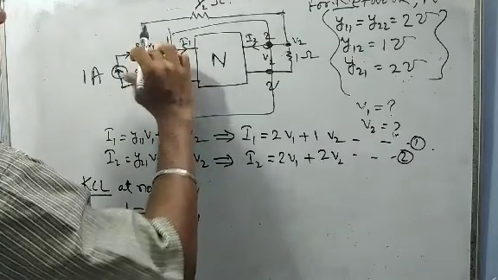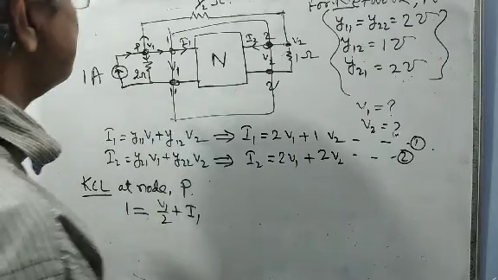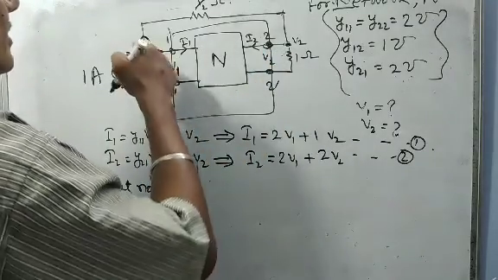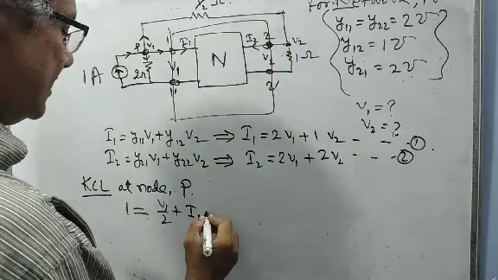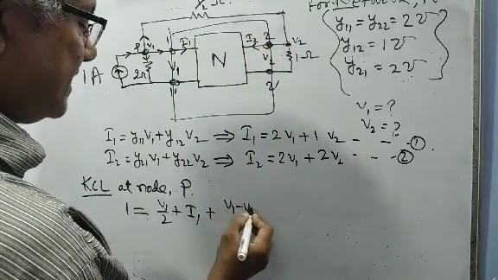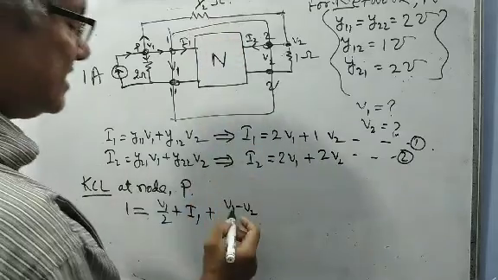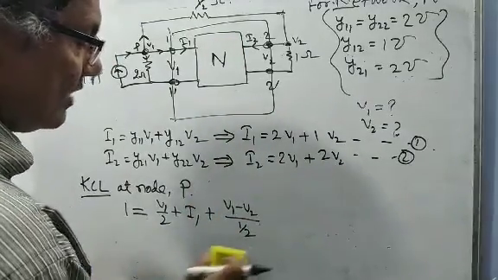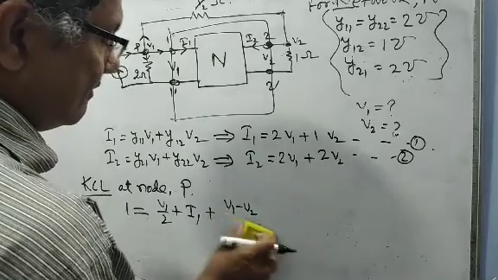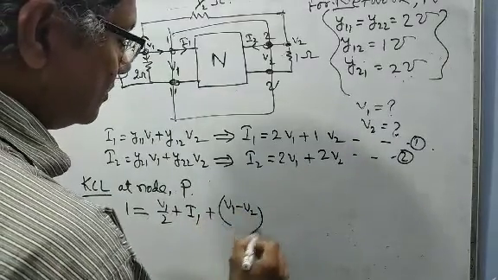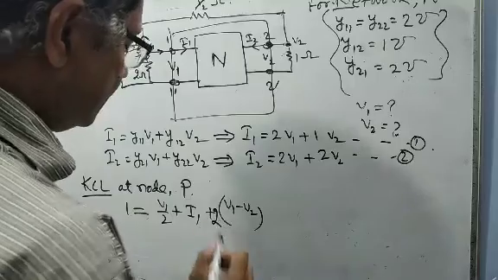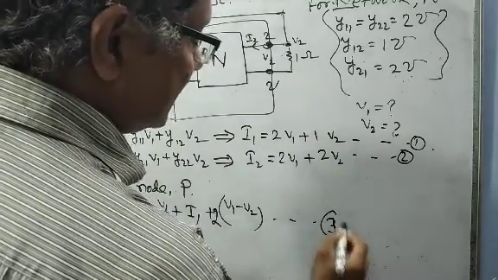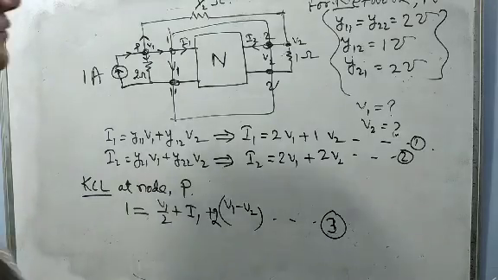As the current is flowing from this node to this one, the difference of potential is V1 minus V2. The resistance is half, so you can write directly V1 minus V2 multiplied by 2. So this becomes the third equation.